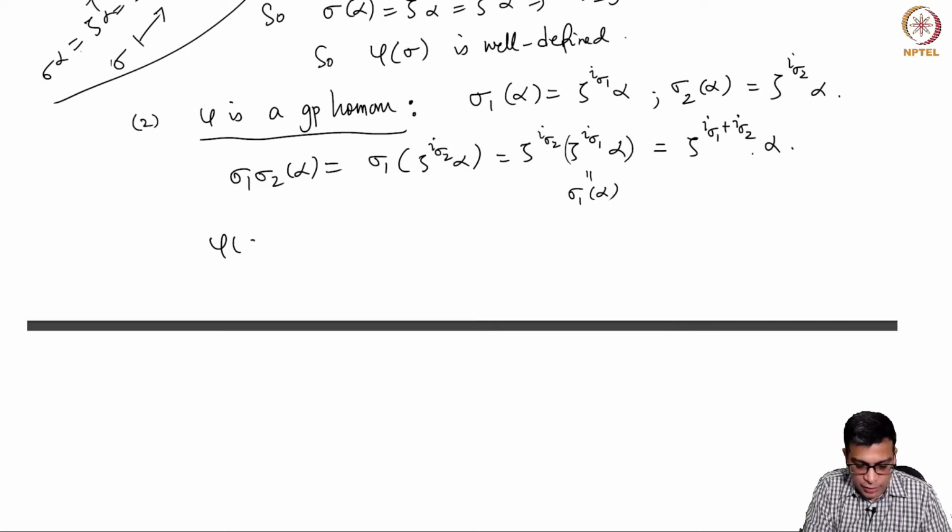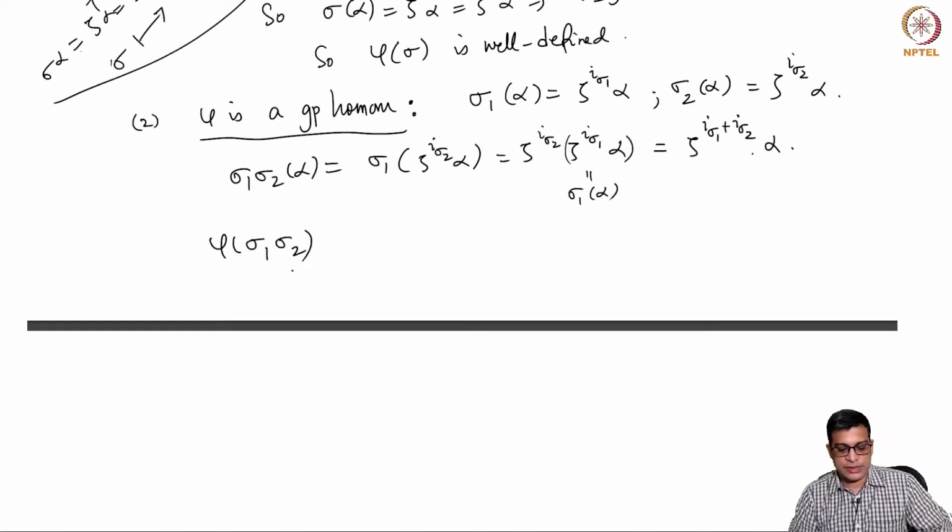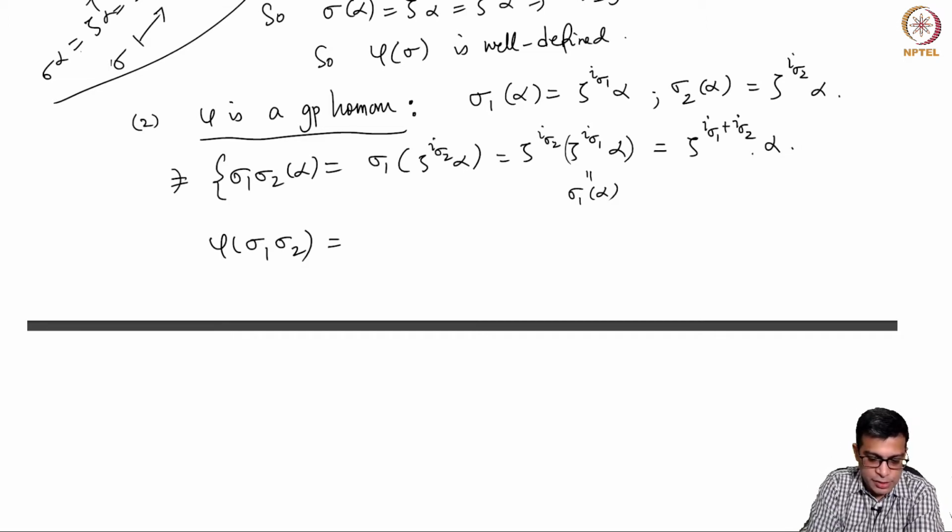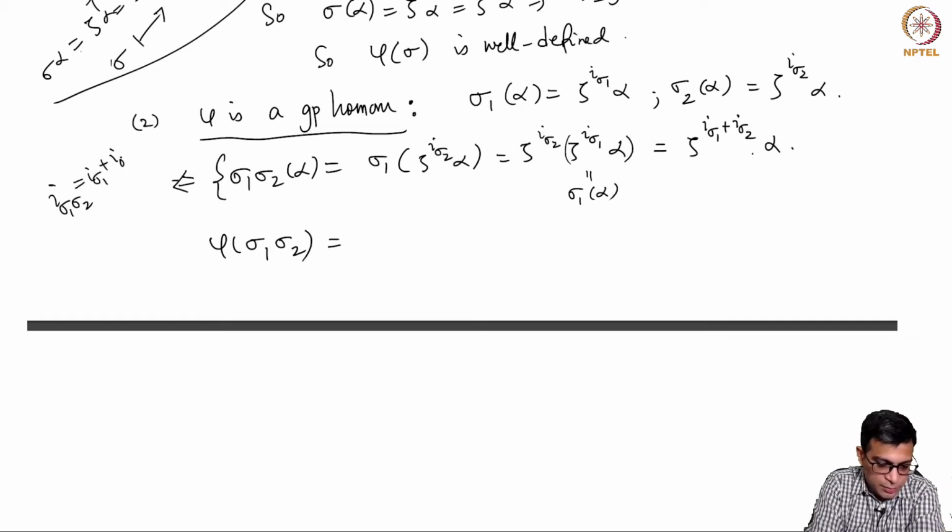So, to find the image of sigma 1 sigma 2 under phi, you look at the image of alpha under sigma 1 sigma 2, and basically this entire calculation shows that I sub sigma 1 sigma 2 is I sigma 1 plus I sigma 2.